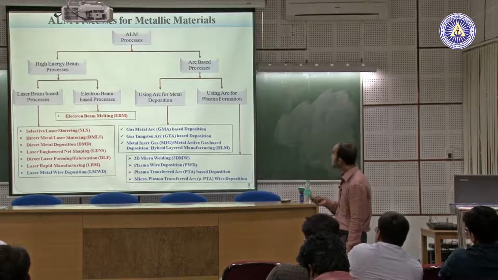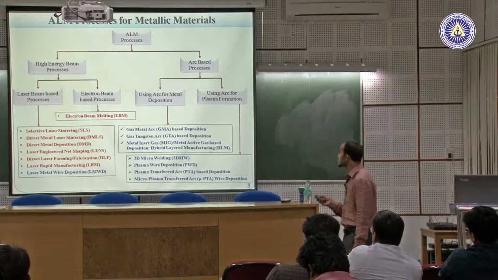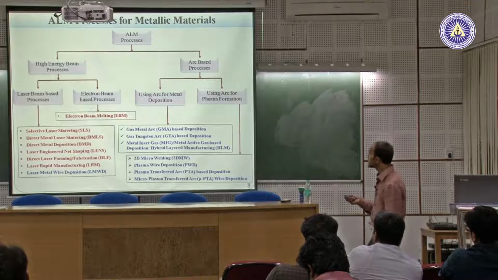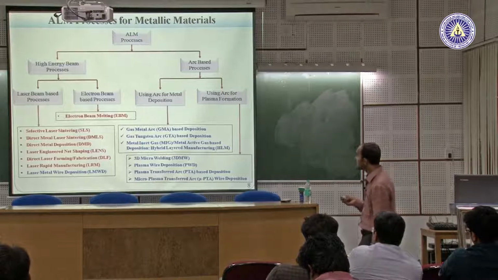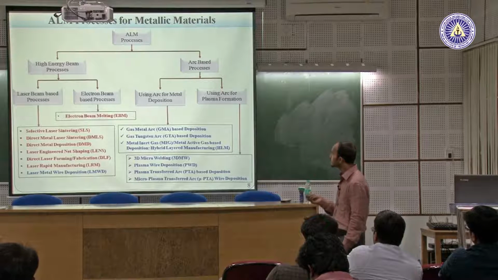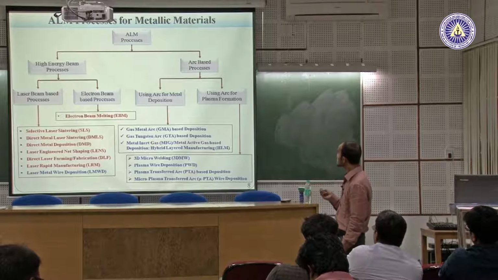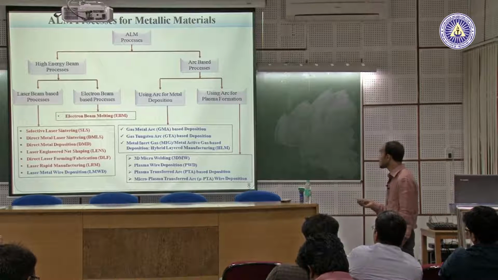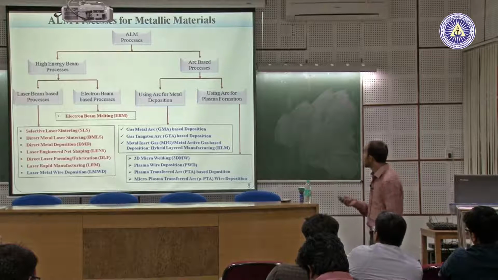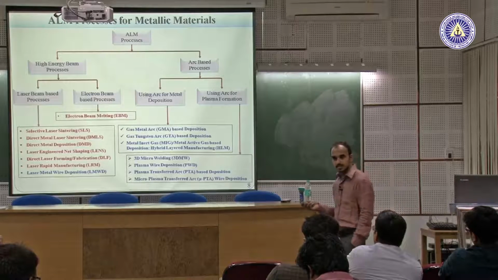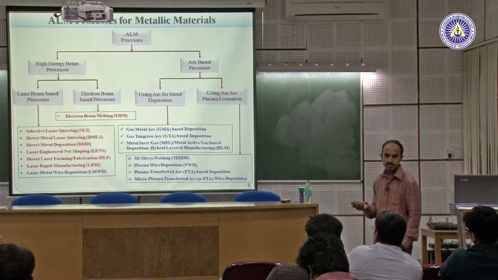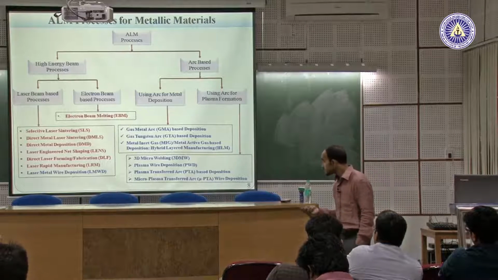Basically, the type of energy is the major factor which classifies additive layer manufacturing processes, such as high energy beam processes and arc based processes. High energy beam processes are again classified into laser beam processes and electron beam processes, and arc based processes are again classified into those where the arc is used for plasma generation, and those where the arc is used directly for deposition, such as TIG additive layer manufacturing and MIG additive layer manufacturing.